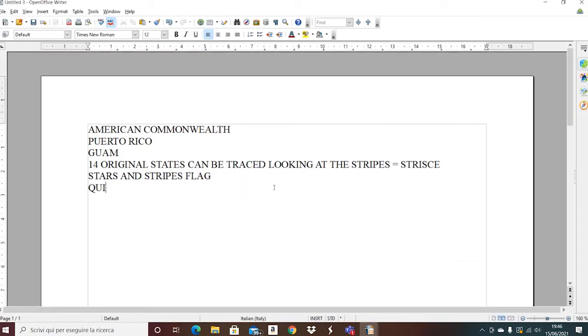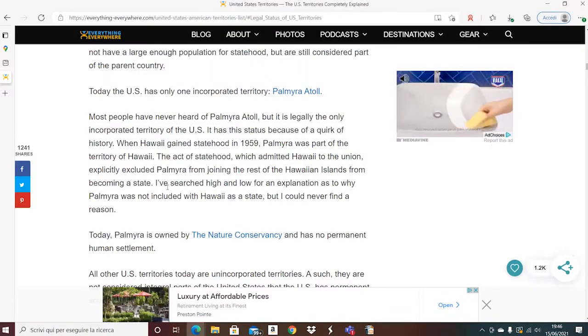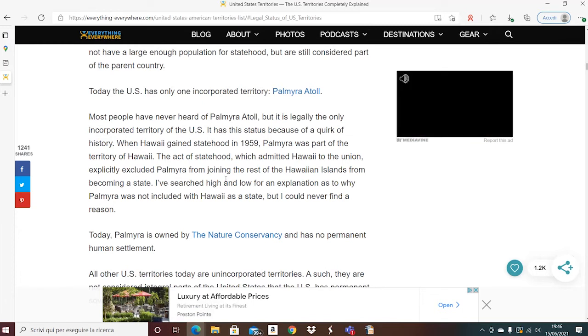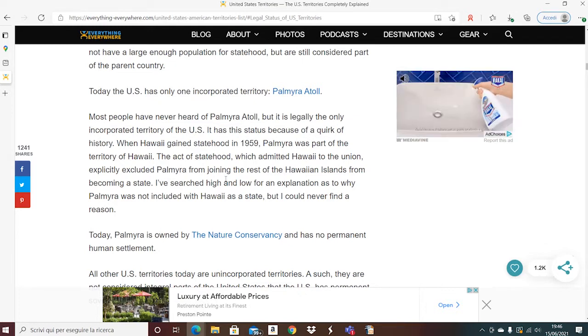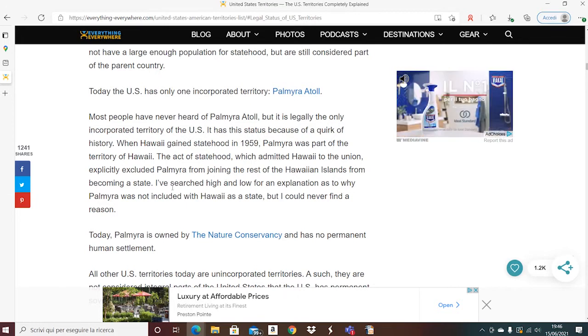Something quirky is something weird or unusual, or strange. A quirk is like a unique thing happening, once in a while.